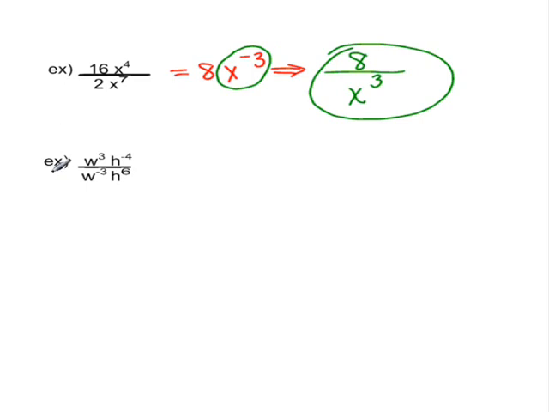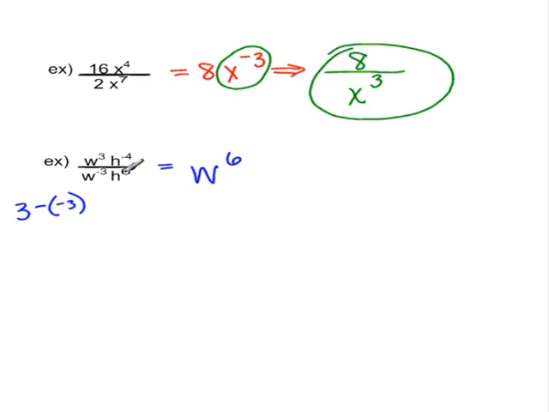When we divide by the same base, we subtract those exponents. Top minus the bottom. Let's look at the w's. 3 minus a negative 3. That's what's going on with the w. 3 minus a negative 3 ends up being 6.